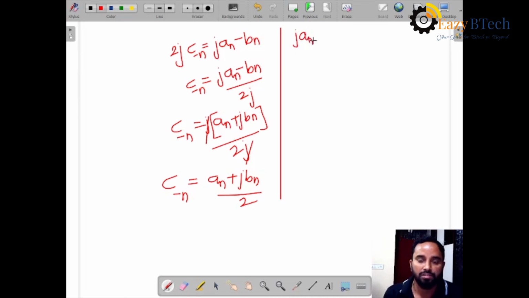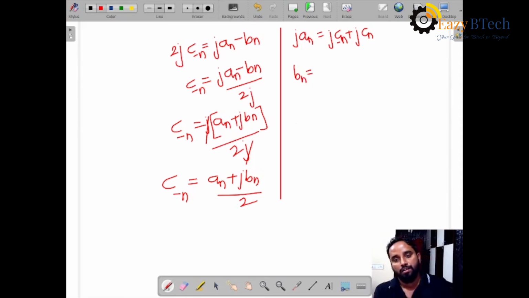We have Jan is equal to JCn minus JC minus n, and we have Bn. What is Bn we have?